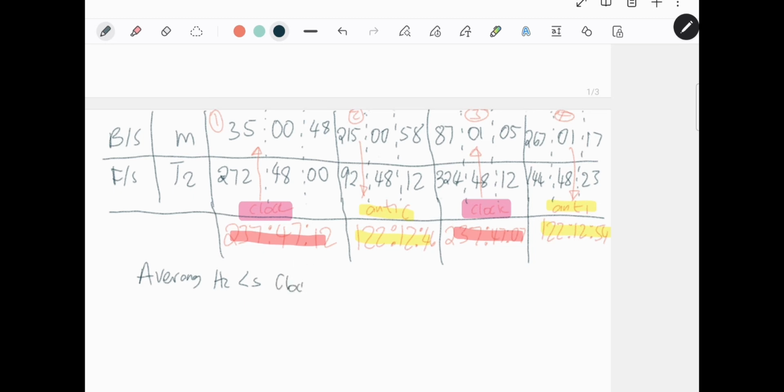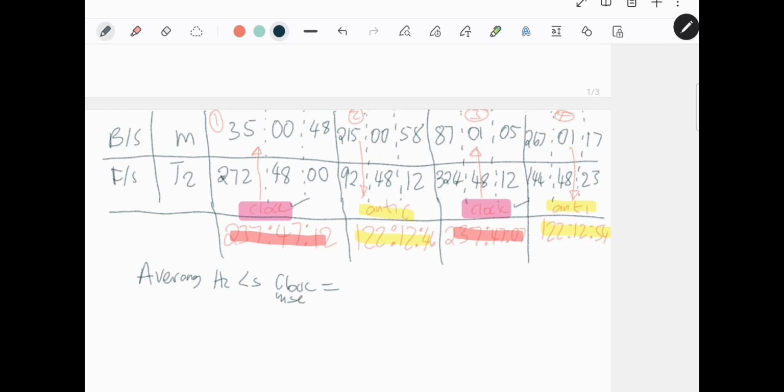So for clockwise, remember clockwise is this 237. It's written there, clockwise and clockwise. If you check, the clockwise angles are almost close to each other in magnitude, and the same for the anti-clockwise.